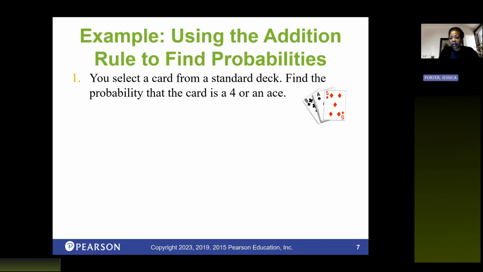Okay, I got a not and I have a yes. So find the probability that the card is a 4 or an ace.